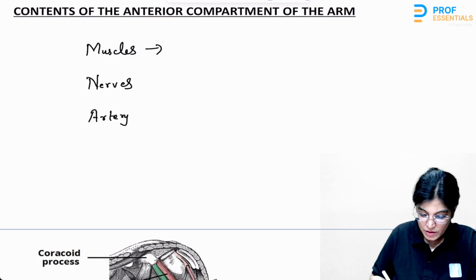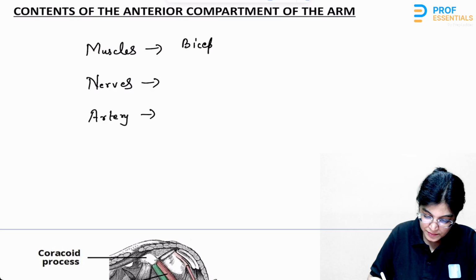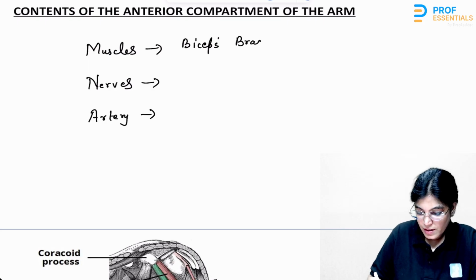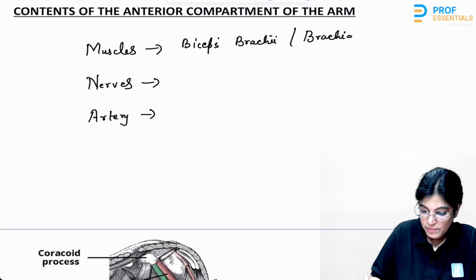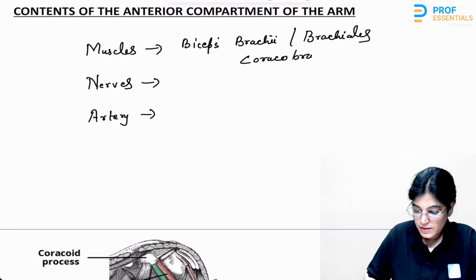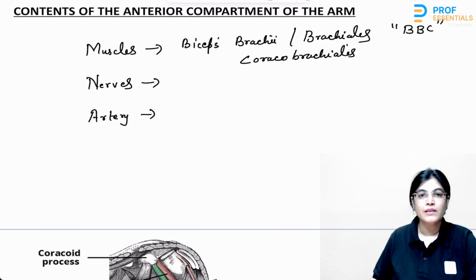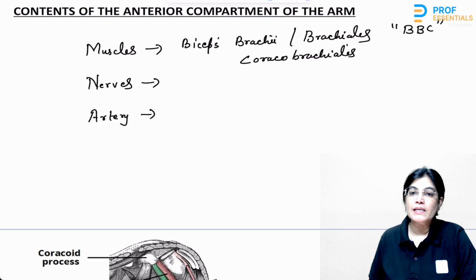If I talk about the muscles, we have got three muscles: biceps brachii, brachialis, and, my dear students, also coracobrachialis muscle. In short, we call these muscles BBC. You must know the BBC news channel. So BBC is the short form of the structures residing in the anterior compartment: biceps brachii, brachialis and coracobrachialis.